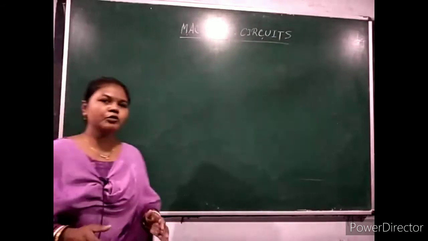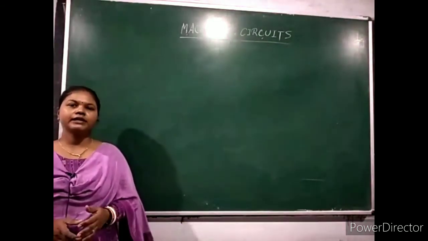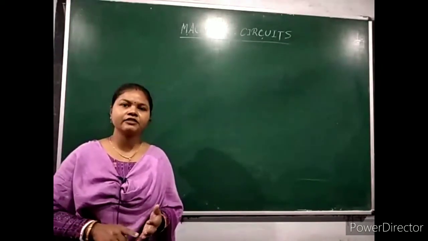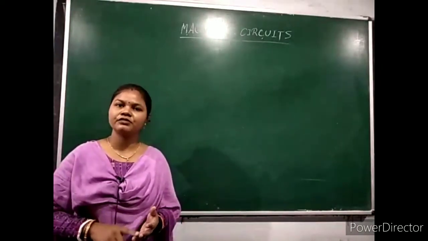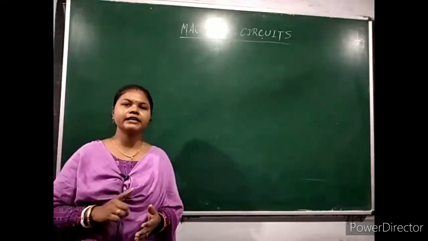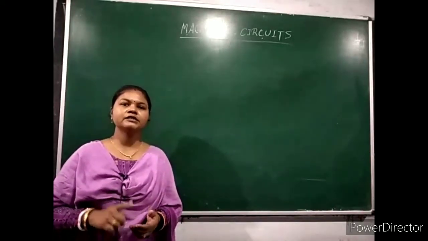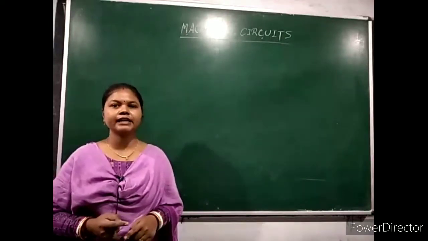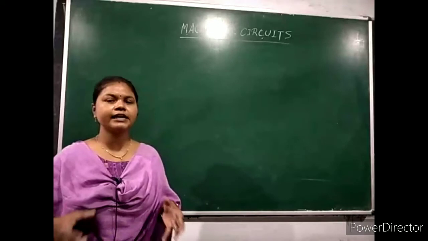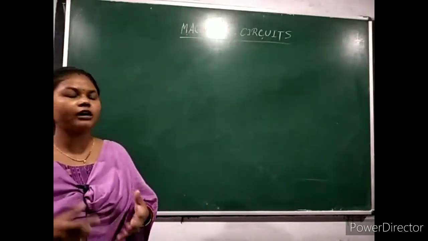So up to this portion you have learned the terms used in a magnetic circuit: magnetic flux, magnetomotive force, magnetic field intensity, magnetic flux density, permeability, reluctance and permeance. Now we see the relationship between all these terms.